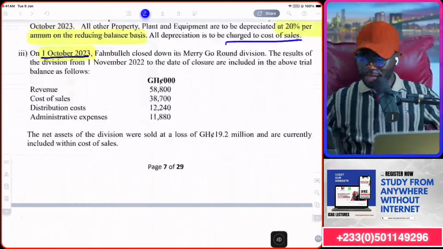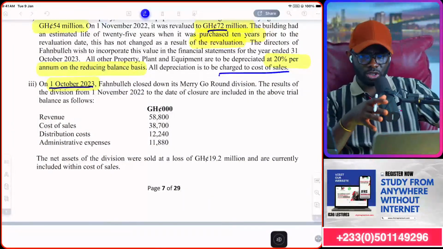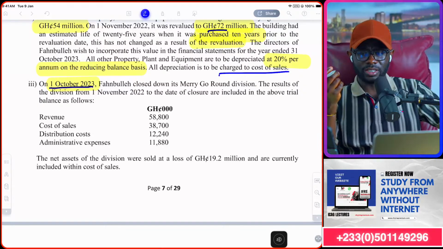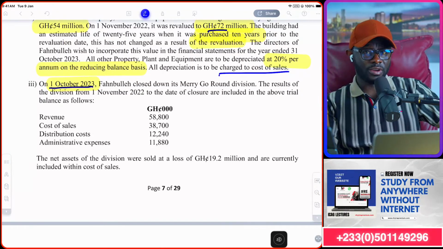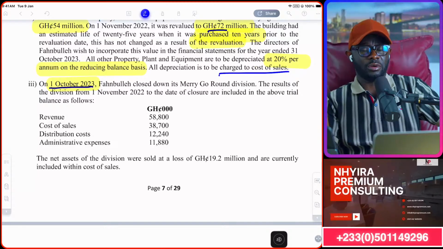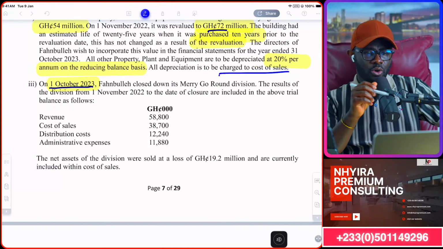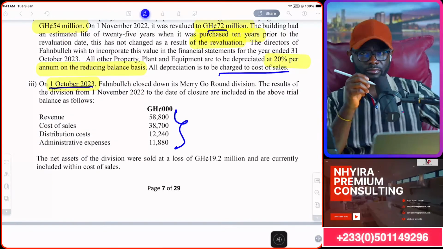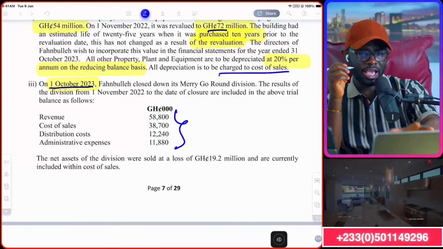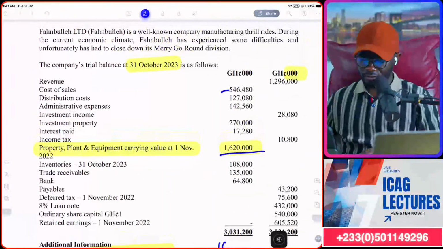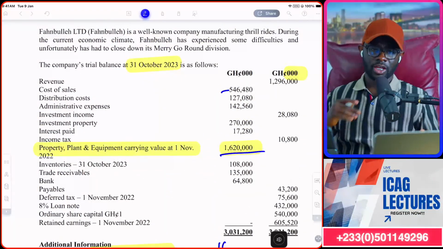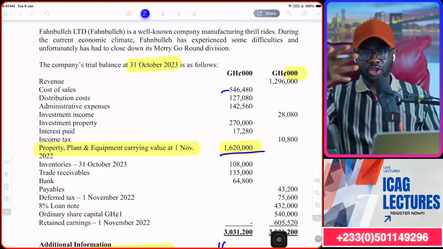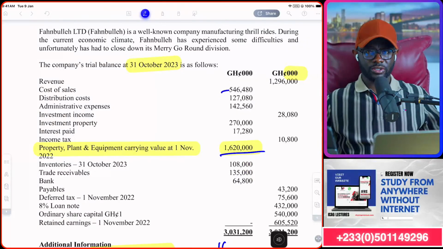Now, if a segment of the business has been sold, then the results and the effects of that segment must also be eliminated from the financial statement as at the reporting date, certainly. And so what happens is that the contribution of the division, as seen here, must be deducted from the total contribution here so that we can prepare the statement of profit or loss for the continuing operations of the business.